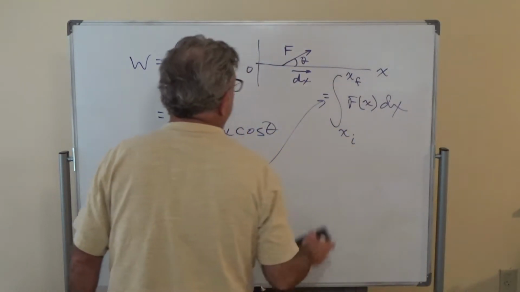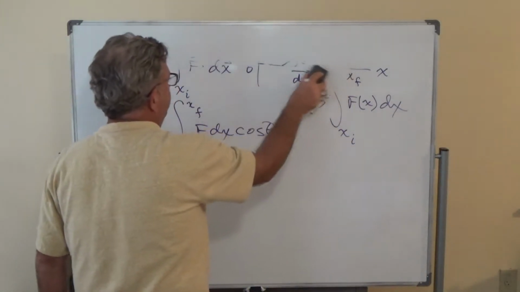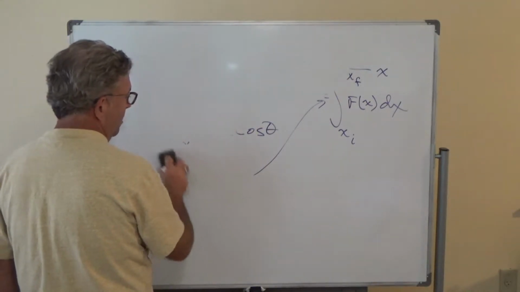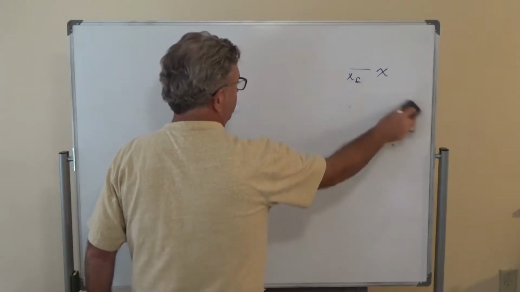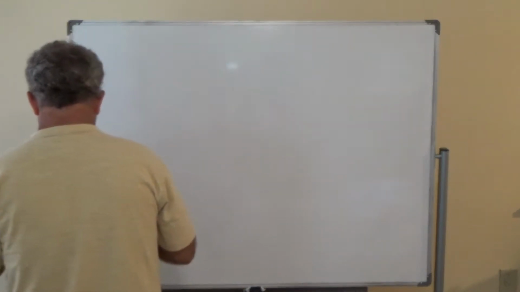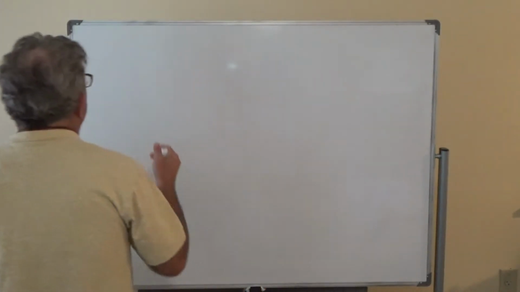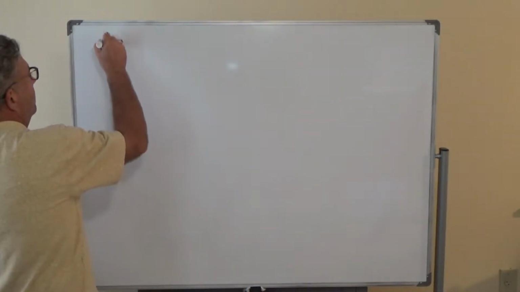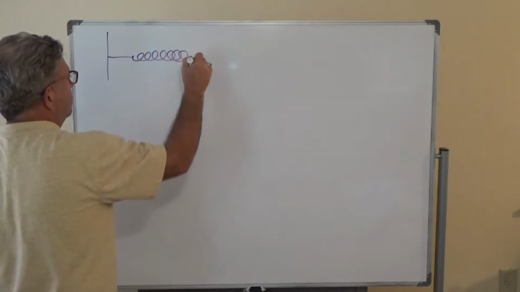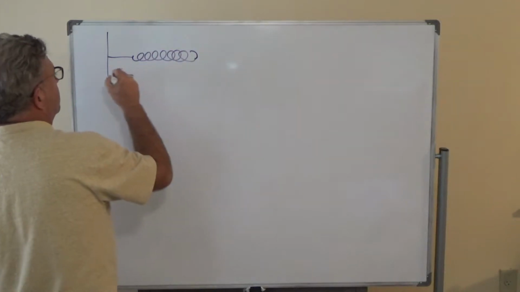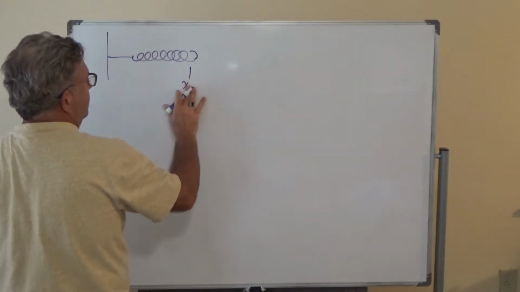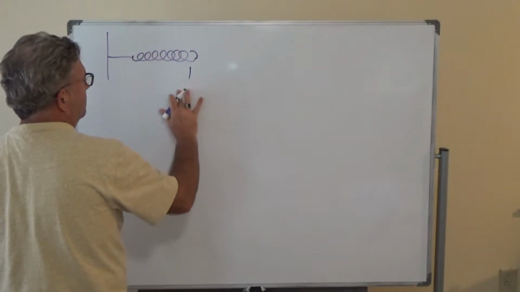So I want to look at an example based on that. And the example is that of a spring. So for a simple spring, here's my simple spring, okay? Let's let this equal x. Let me just let it equal 0 for now.